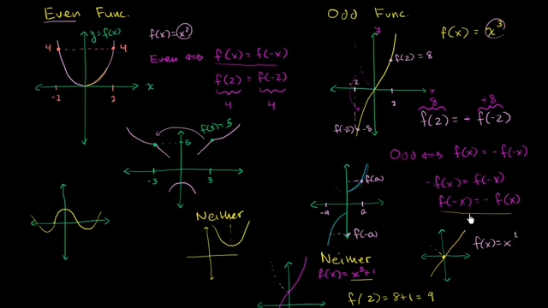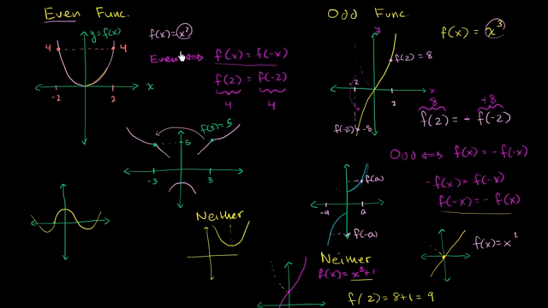And so you might start to notice what Notheus pointed out: these simple examples of even and odd functions, when I just have a very simple x raised to some power, whether the power is even or odd is going to tell you whether the function is even or odd.